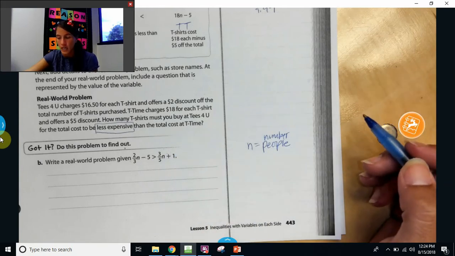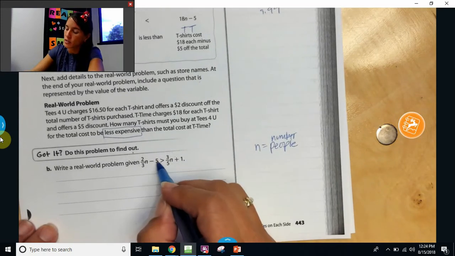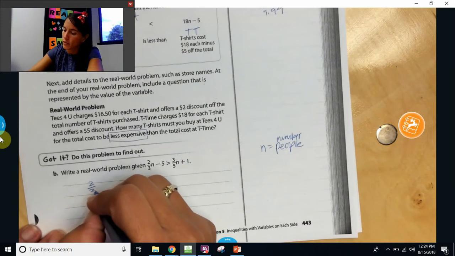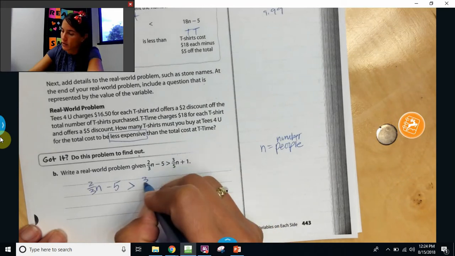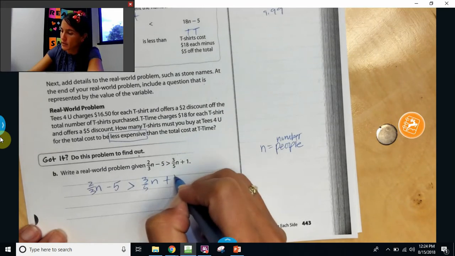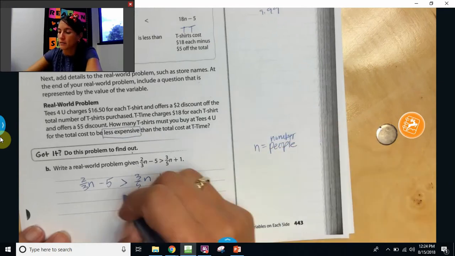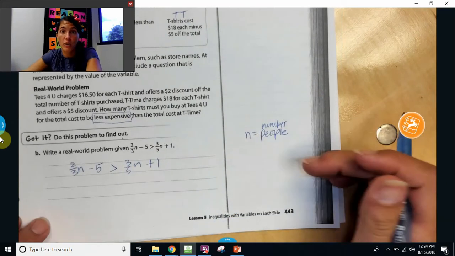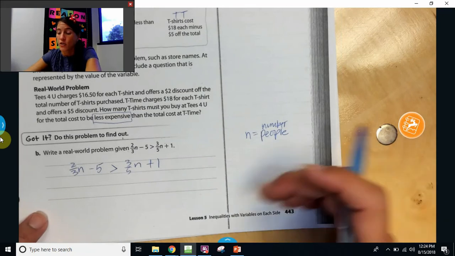So you could say 2/3 of the number of people is greater than 3/5 the number of people plus 1. And let's say we're talking about people, maybe, I'm just making this up. So we have people that are attending a game. So here are two teams.